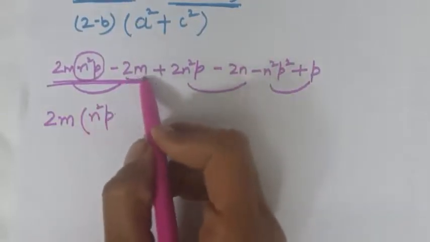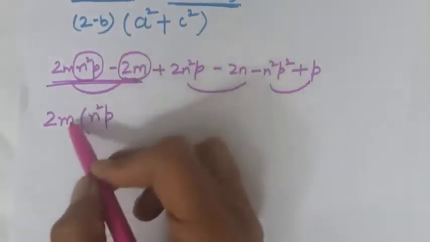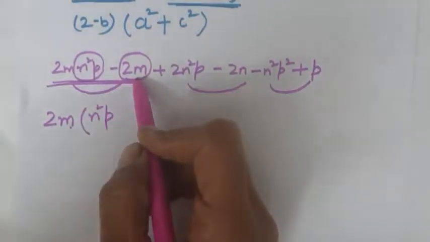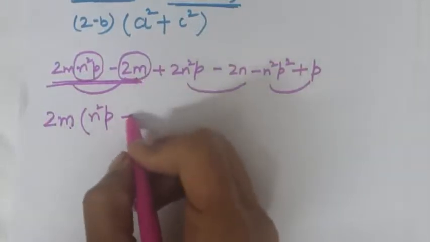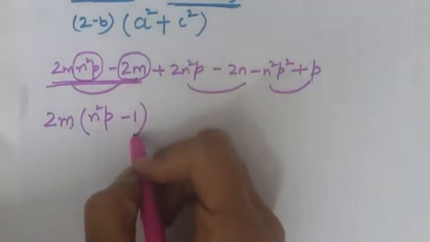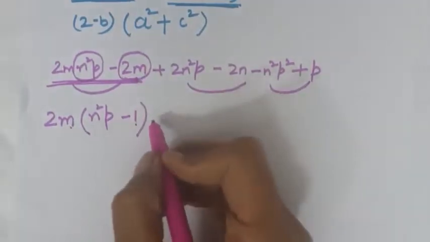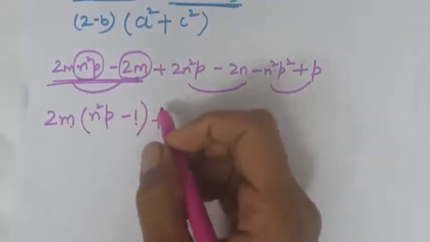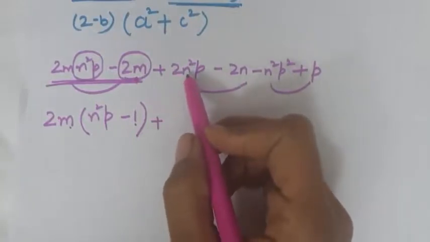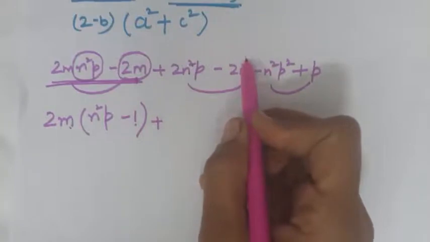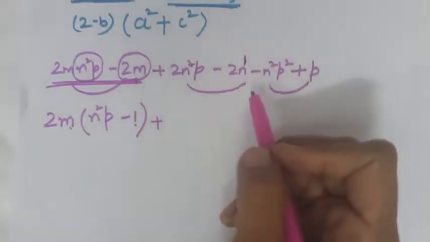Now, 2m we have taken common. So what is left here? Don't write 0. We are left with 1. Nothing means 1. Now, see the next pair. Now see n raised to power 2 is here and n raised to power 1 is here.